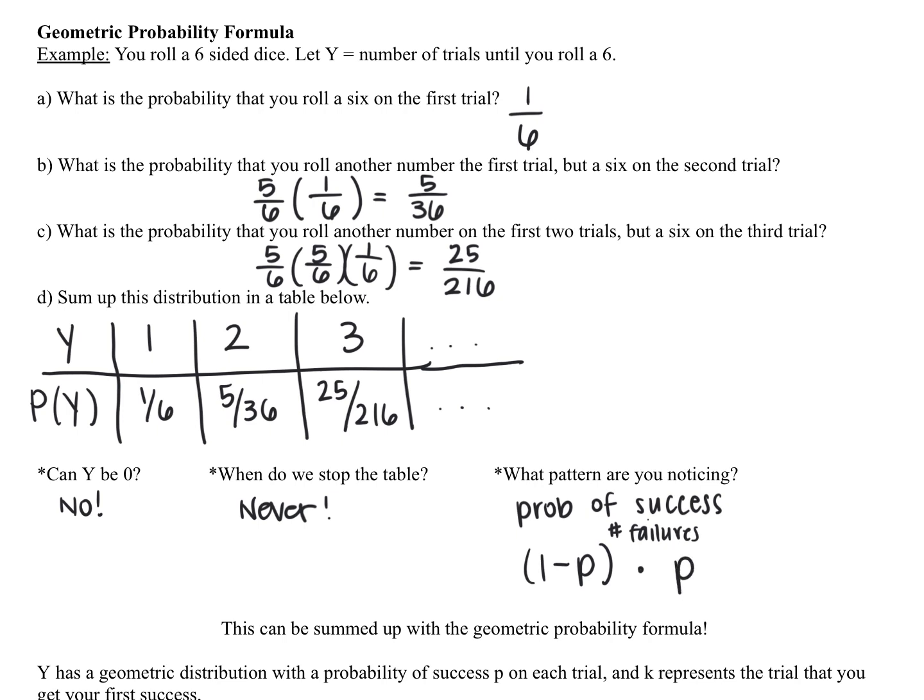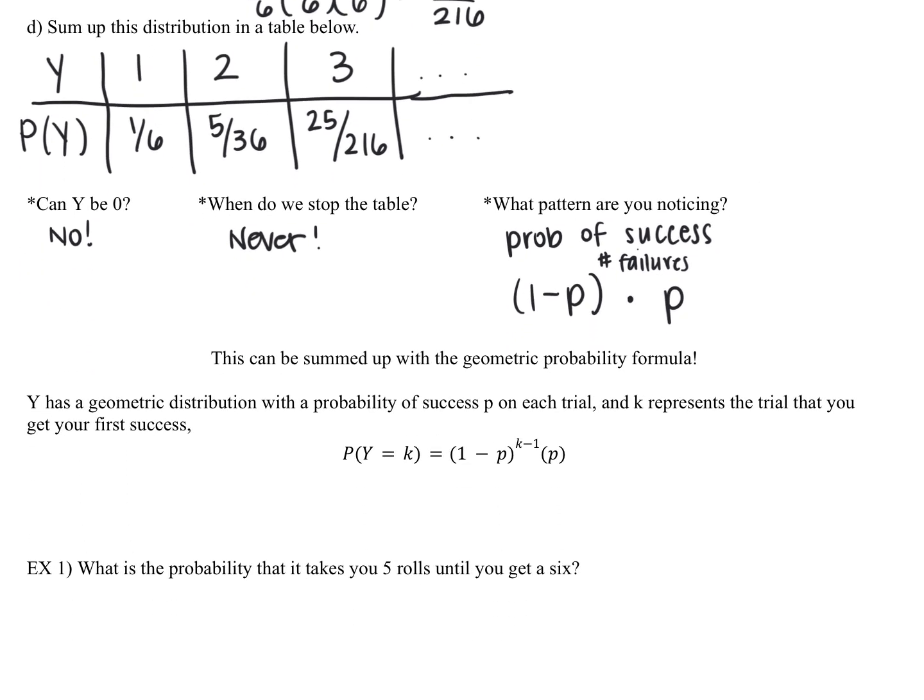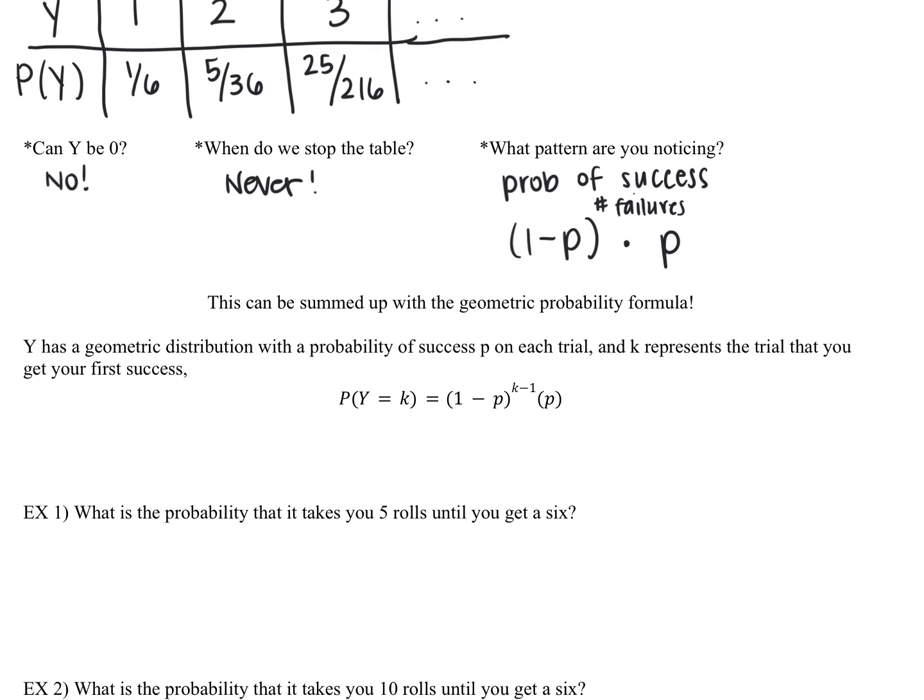So I was looking for my first one, I had no failures, so it was just P. For my second one, I had 1 failure, so that's where I got the 5/6, then my success. Then 2 failures. So this formula is a lot simpler than the binomial formula.